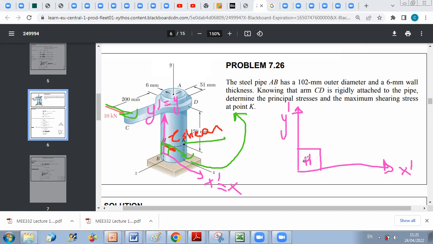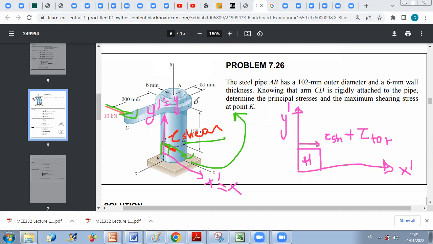I can see until now that due to shear, I have tau shear along this direction. So I should add tau shear, which is VQ over IT, plus tau of torsion, which is TC over J, where T is the torsional moment, C is the outer radius, because H is at the outer level.